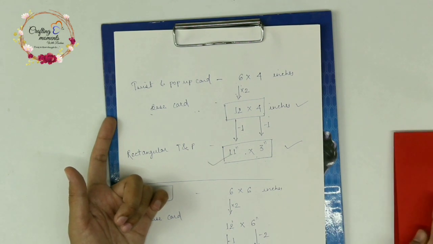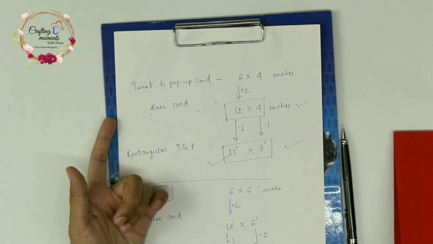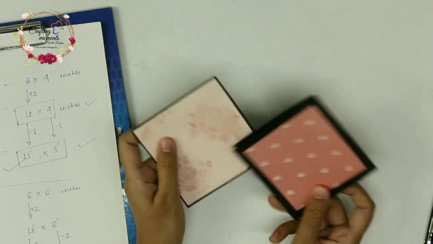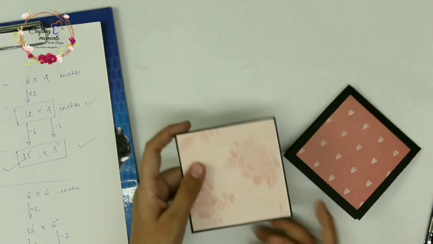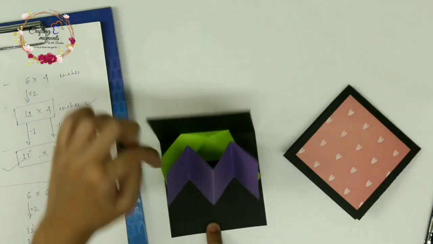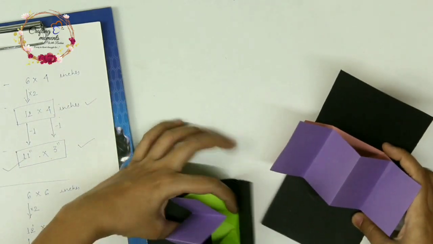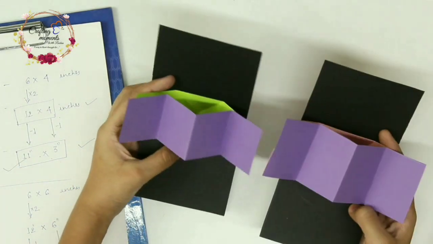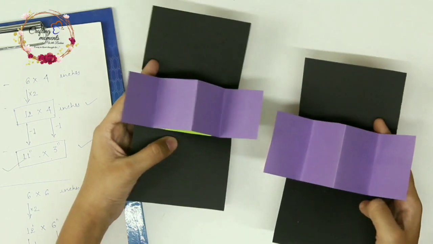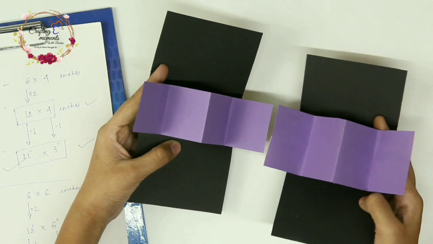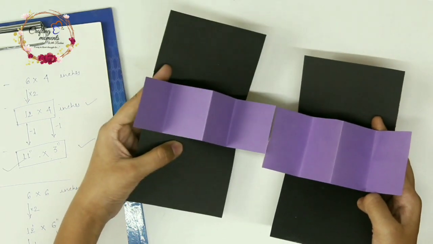Let me just show you with an example. Like I have these 2 cards and these 2 cards are of same size, you can see. Okay, now let me just open it. So you can see here card size are same, but if you see the width of this panel card, this is wider than this one.